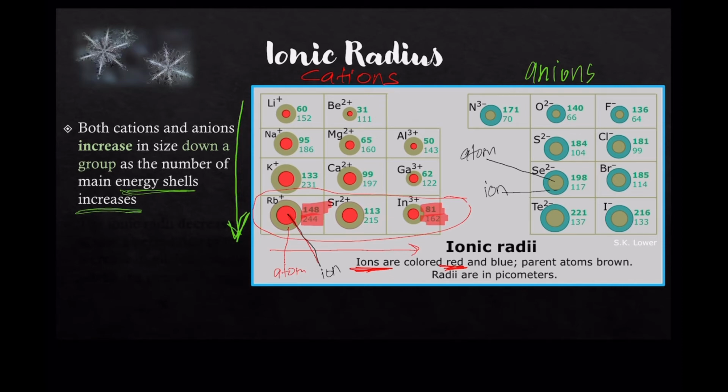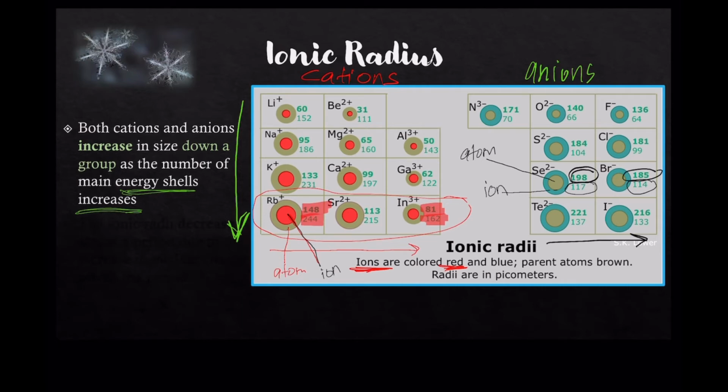So as we move across a period, you can see the size of the neutral atom, which is 117, is still shrinking. It's still getting smaller as we move to the right. The size of the ion, which is 198 picometers, is also shrinking as we go to the right.